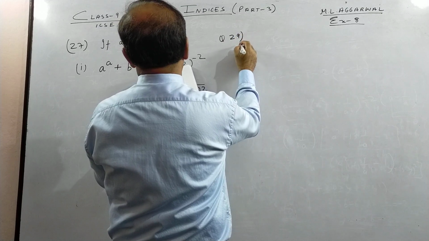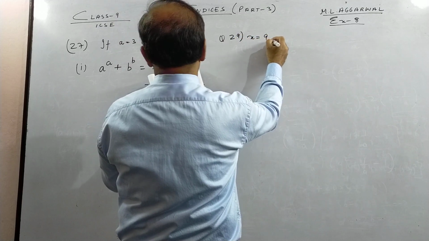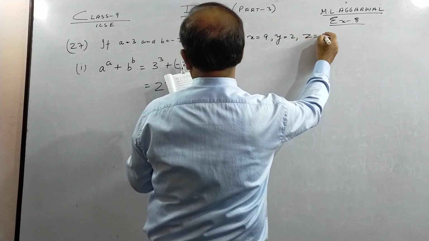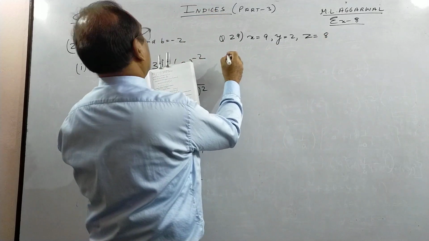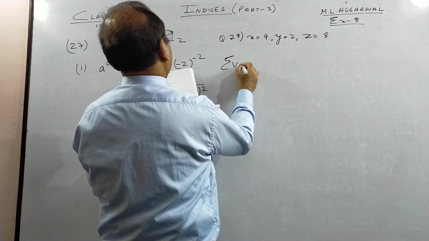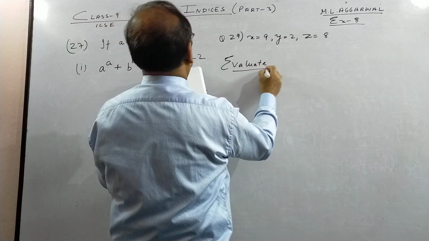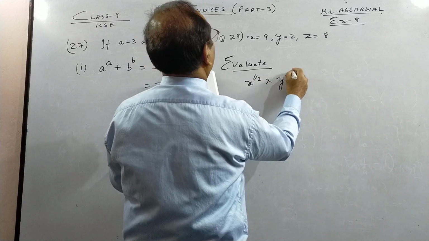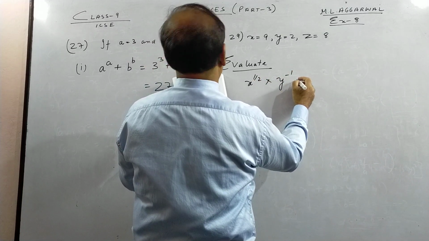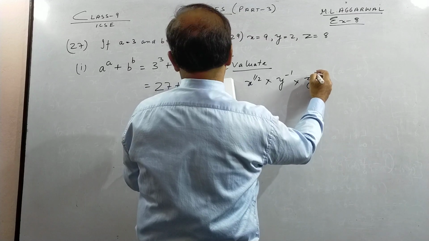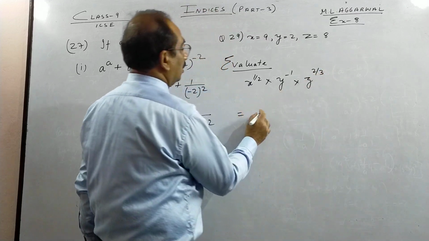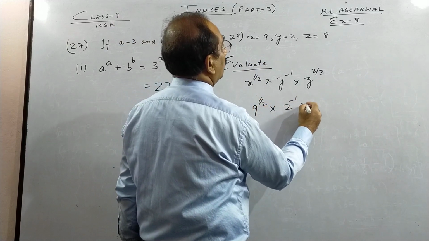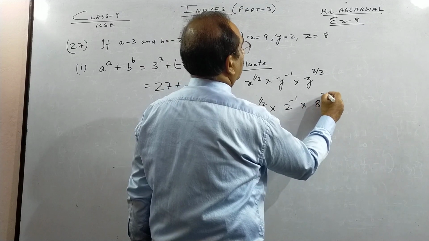So the next question we take is question number 29, and we are given x is 9, y is 2 and z is 8. Evaluate means you have to find the value of x to the power half into y to the power -1 into z to the power 2/3. So in place of x put 9, y you put 2 and z you put 8.